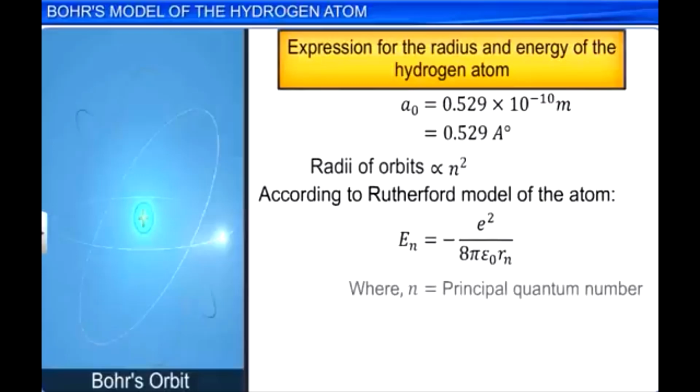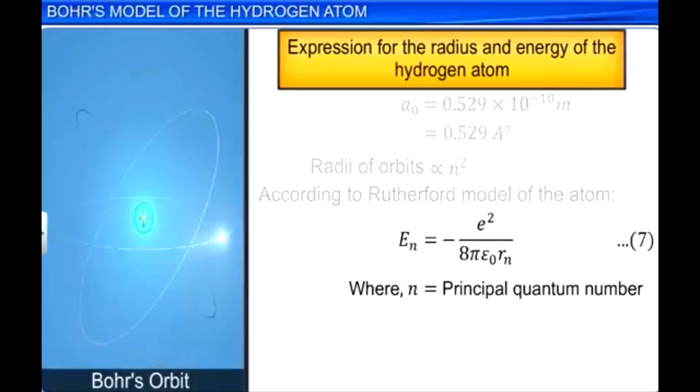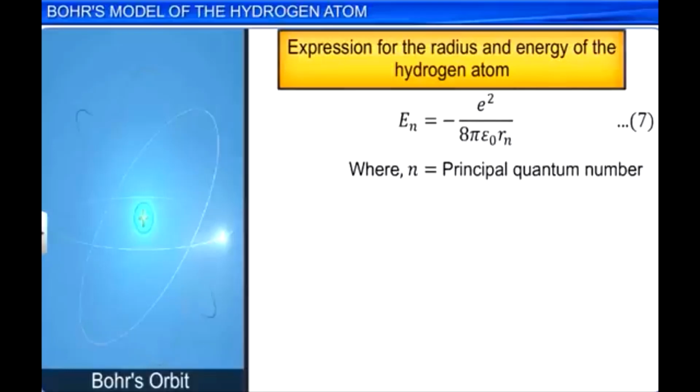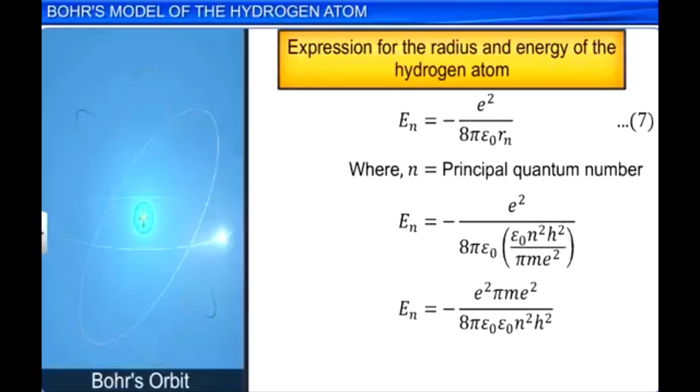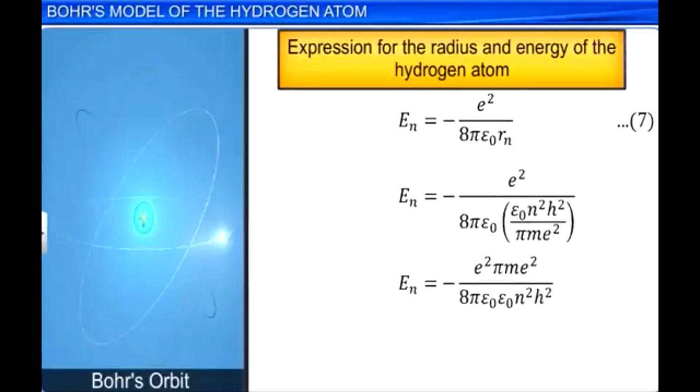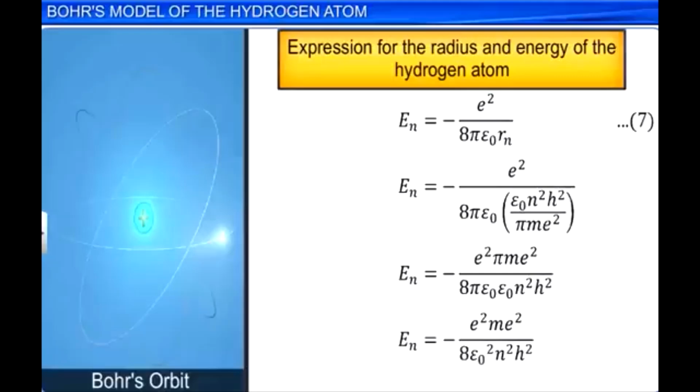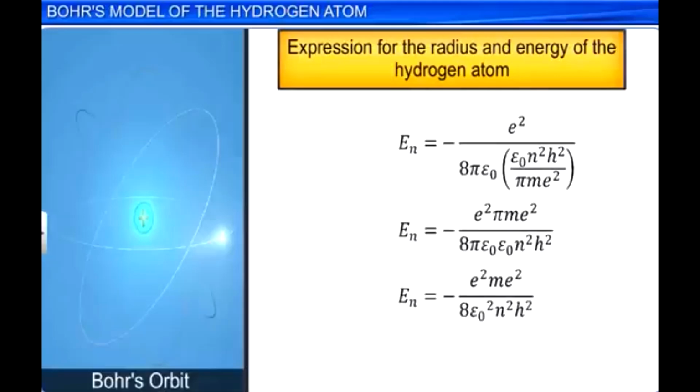Substituting the value of R_n and simplifying, we get E_n is equal to minus m e to the power 4 by 8 n square h square epsilon naught square. Let this be equation 8.